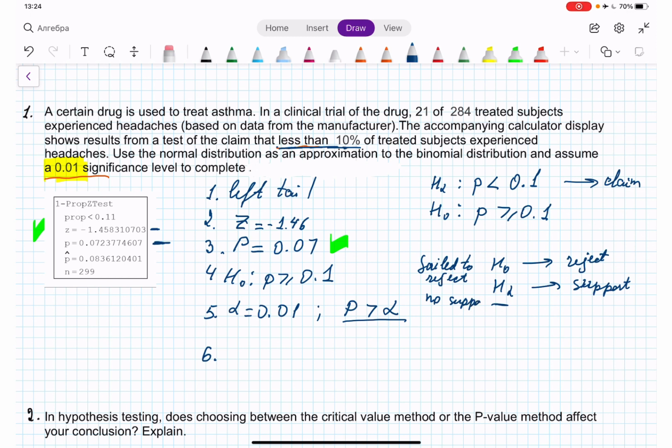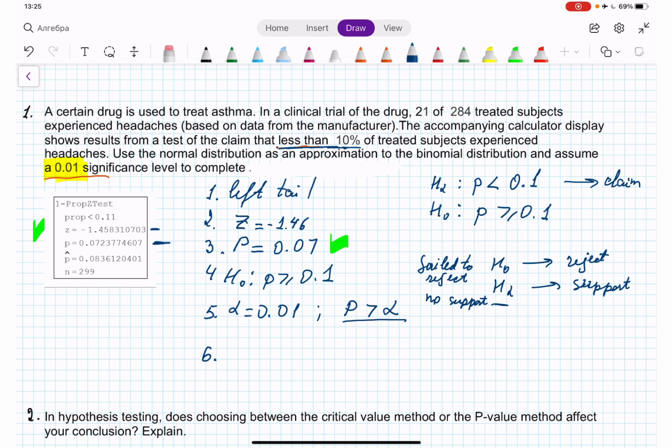Because here is the thing, let me explain to you. As you know, null and alternative are complements. So, if we accept null, then we deny alternative. If we deny null, then we accept alternative. When we say fail to reject, that means we accept the null. That means we have to deny the alternative, and that's why we put no support.